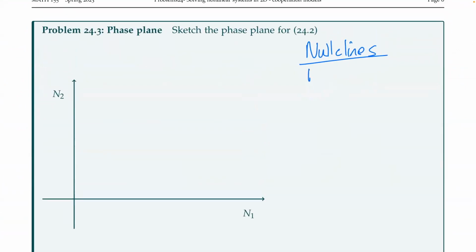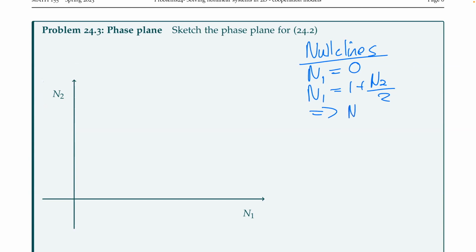So they are n1 is equal to 0, and we had n1 is equal to 1 plus n2 over 2. When I'm writing my null lines, I generally try and rearrange them in terms of whatever is on the vertical axis. A few people asked me this at the office hours the other day, and a lot of people got into issues with the gradient of their null lines. Okay, rewrite these things, if you can, in terms of what is on the vertical axis.